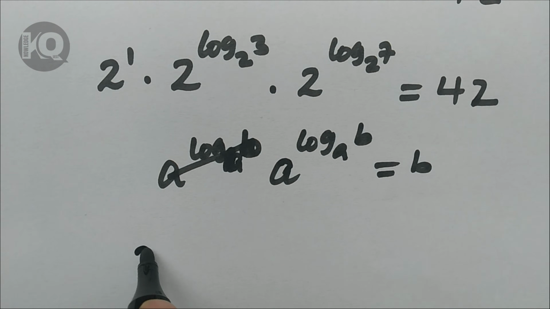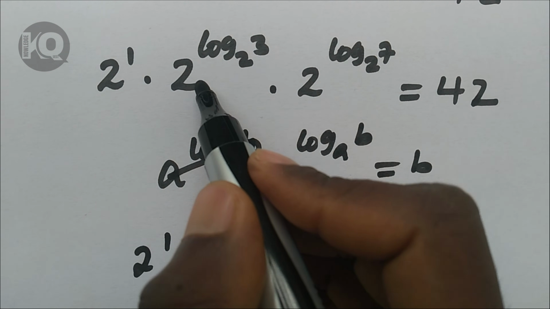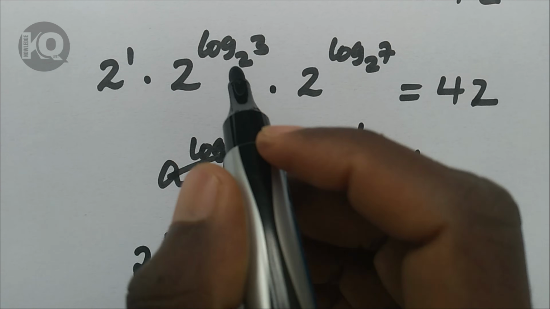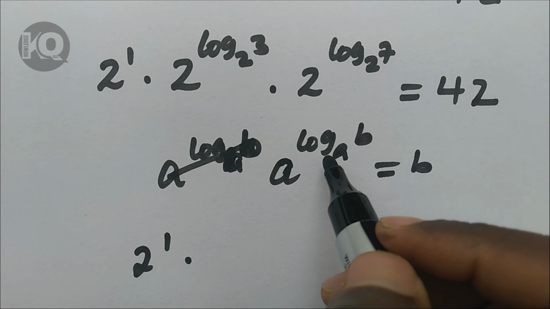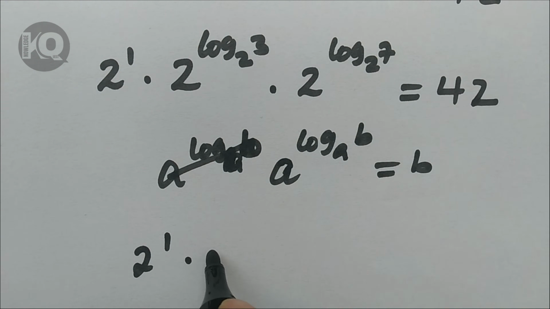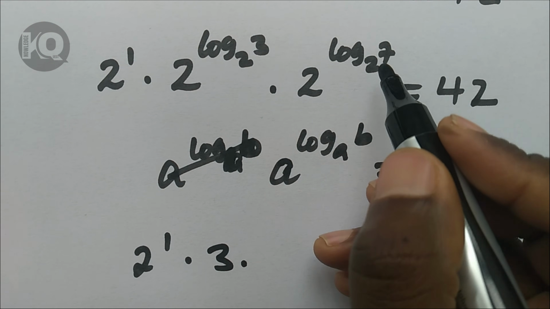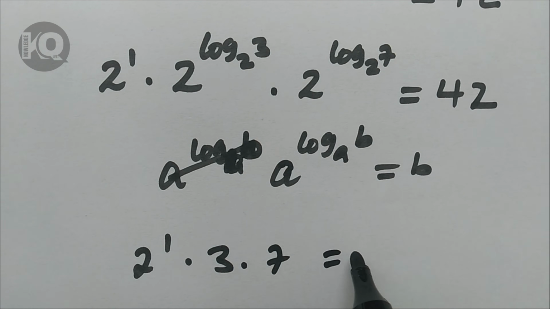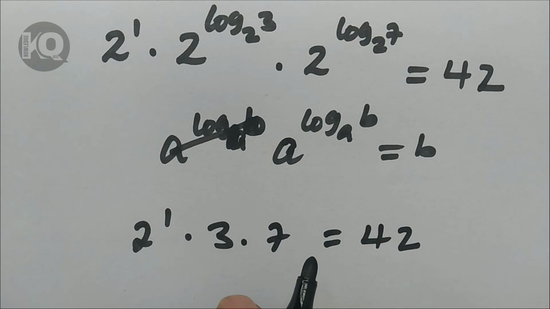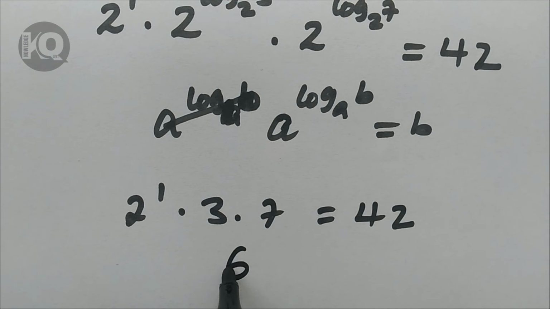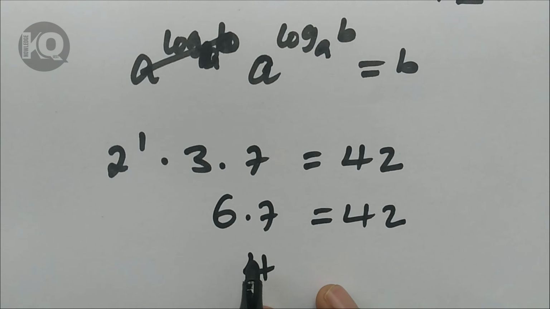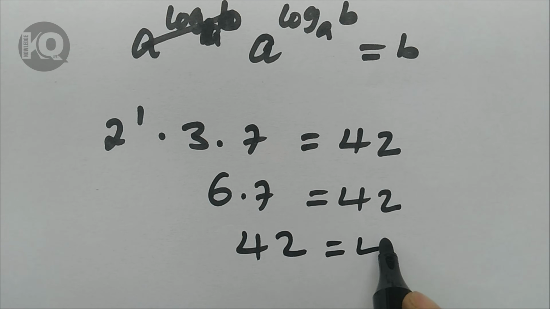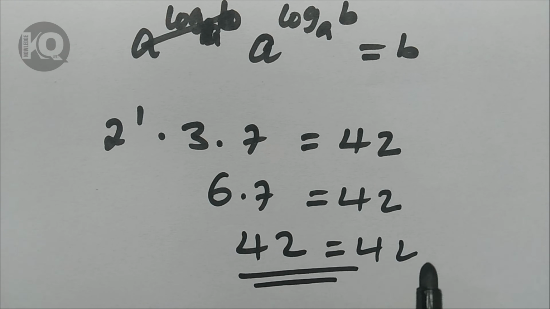So it will be 2 to the power of 1 times 3 times 7, which is equal to 42. So 2 times 3 is 6, times 7, which is equal to 42, and 42 is equal to 42. So our x value satisfies the equation.